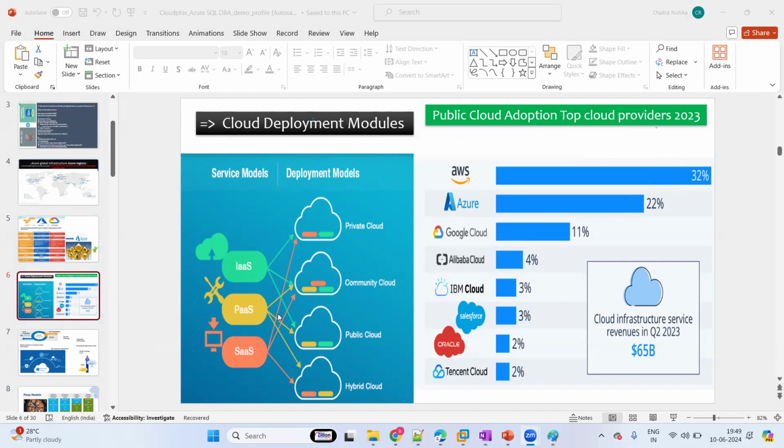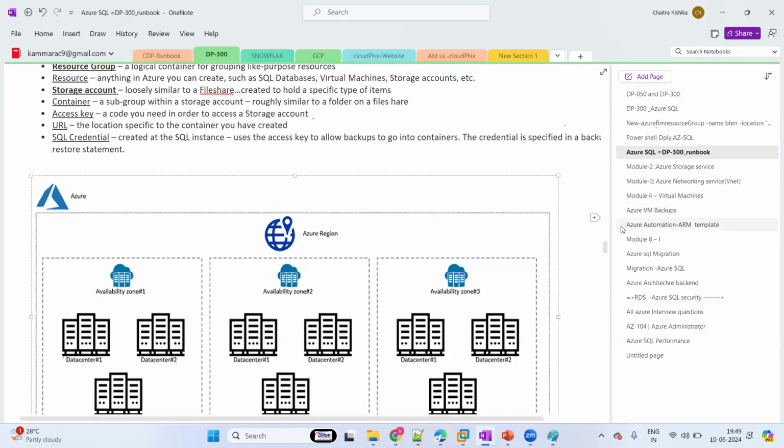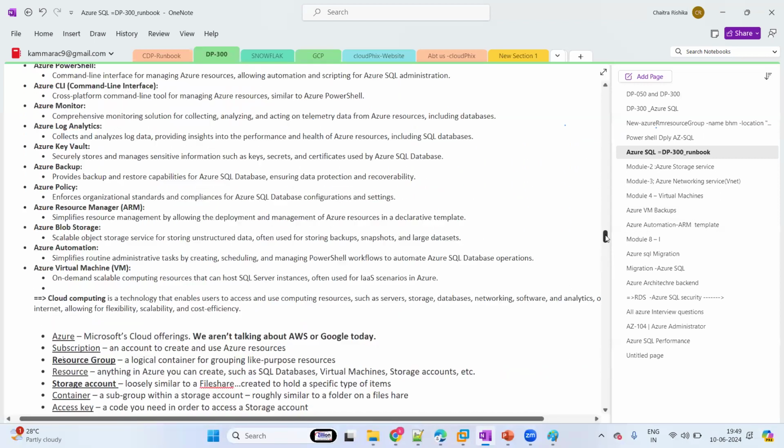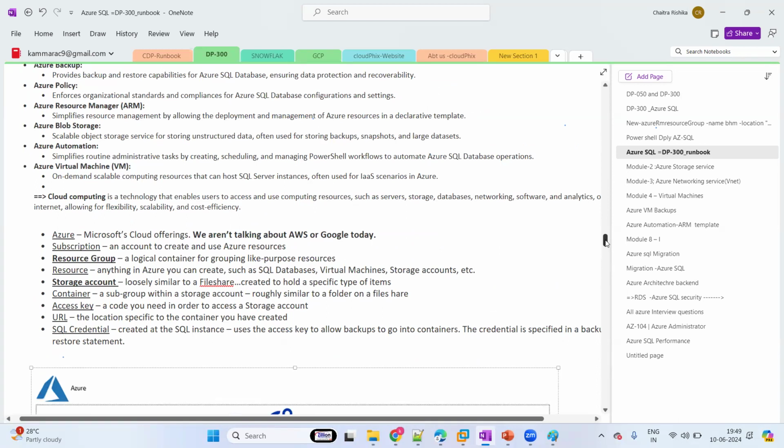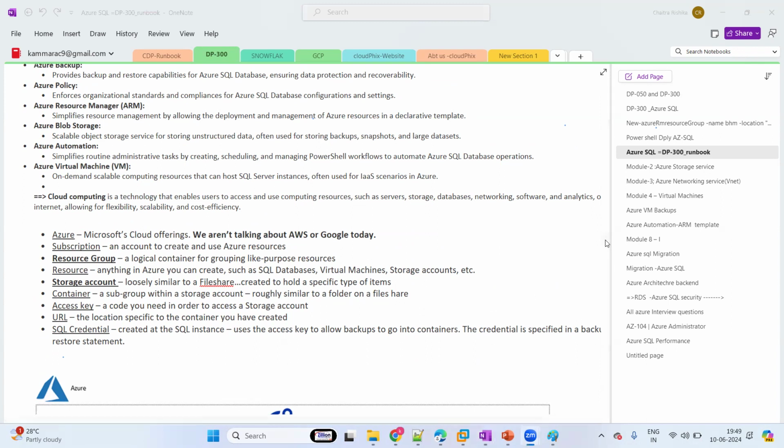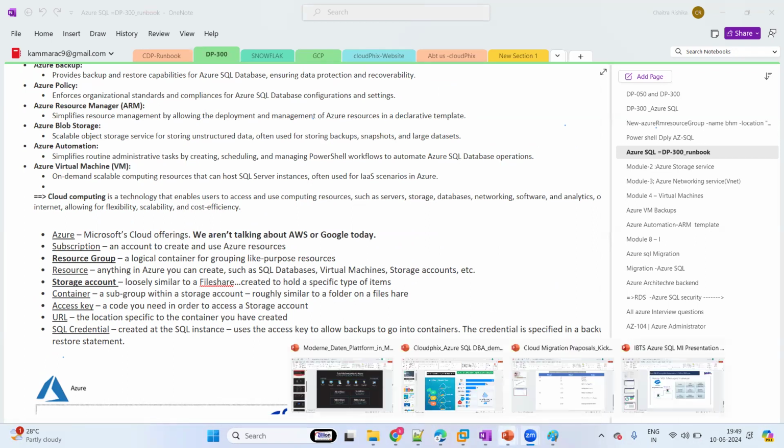These are all unique words and terminology, so when you are going to learn these things, you have to be somewhat familiar with the terminologies first. If I talk about VNet peering, VNet stories, you are not going to understand. So before that you have to be familiar with this terminology, so that you can easily understand.